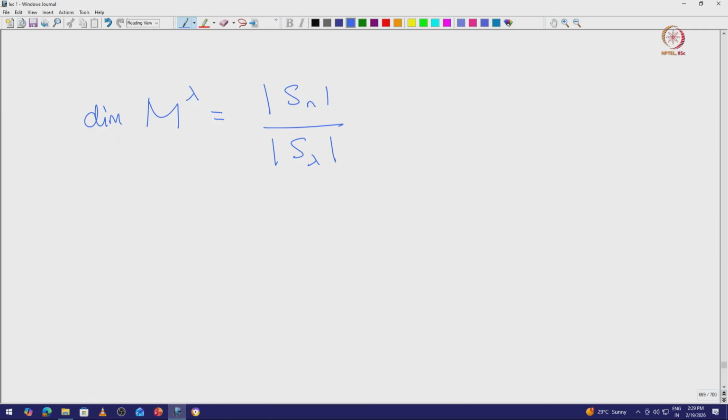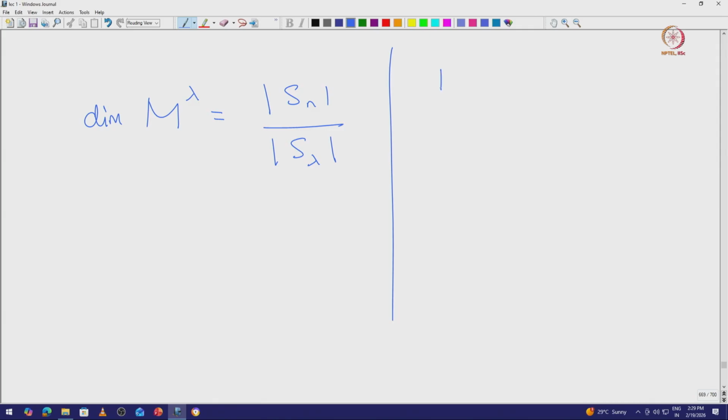So, first observation is that the action of Sn on this lambda tabloids, that is indeed transitive, because it was already transitive on the lambda tabloids.